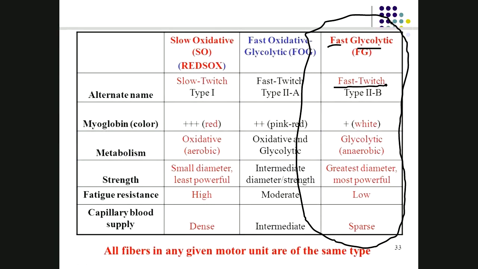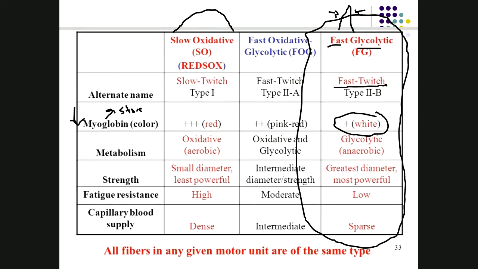They're very fast twitch. So remember, these had a twitch cycle like this. These are going to have a twitch cycle like this. In other words, they're going to contract and relax very quickly. If you look at what color they are, they're white. And the reason they're white is because they have very little myoglobin. Remember, this stores oxygen. So they don't have any stored oxygen.